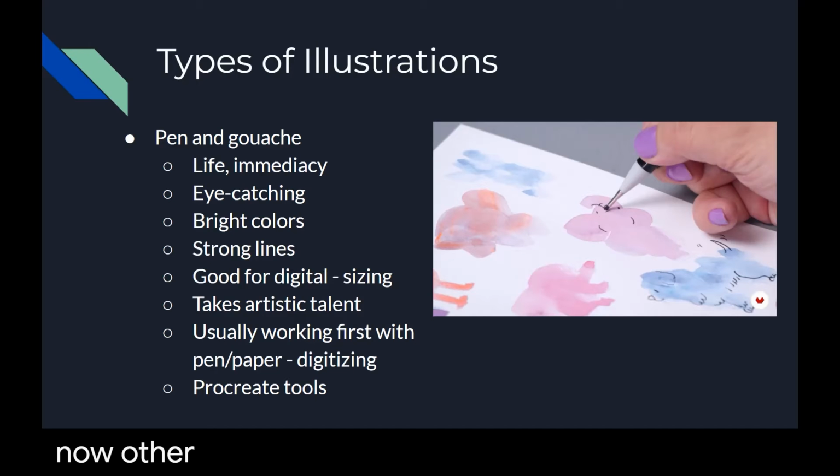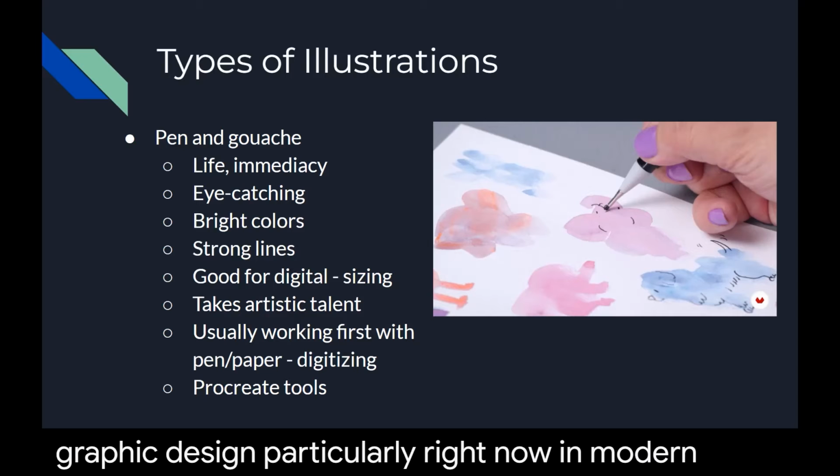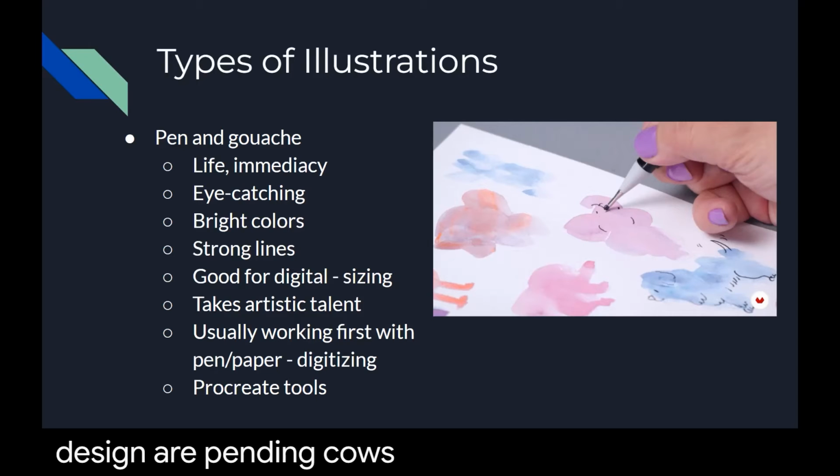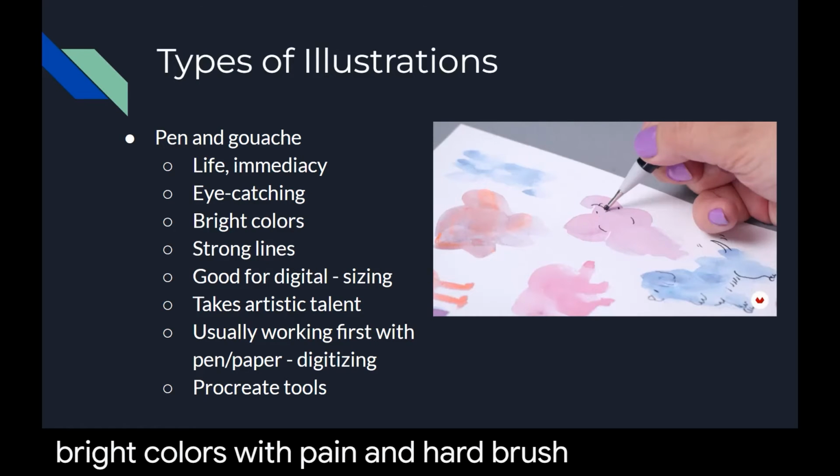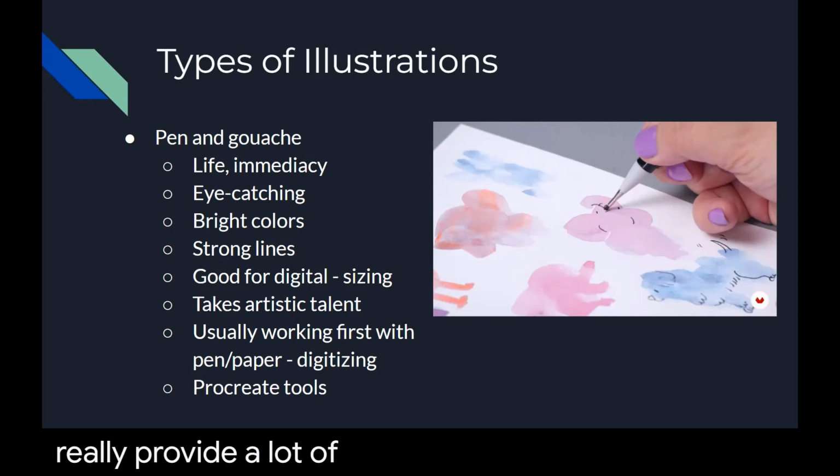Now, other forms of art that are very common within graphic design, particularly right now in modern design, are pen and gouache. These combine paint and bright colors with pen and hard brush strokes. They really provide a lot of life to your design. They are eye catching. They use very strong lines.